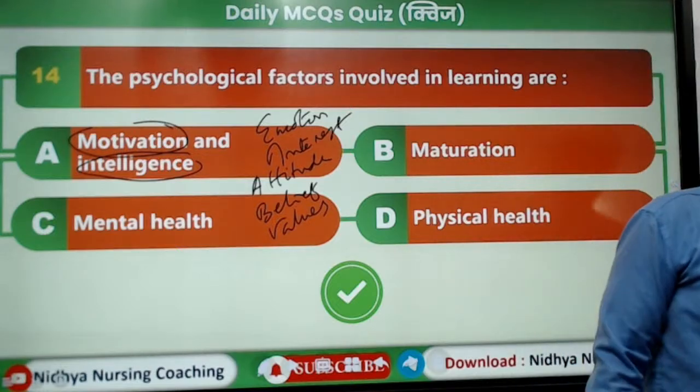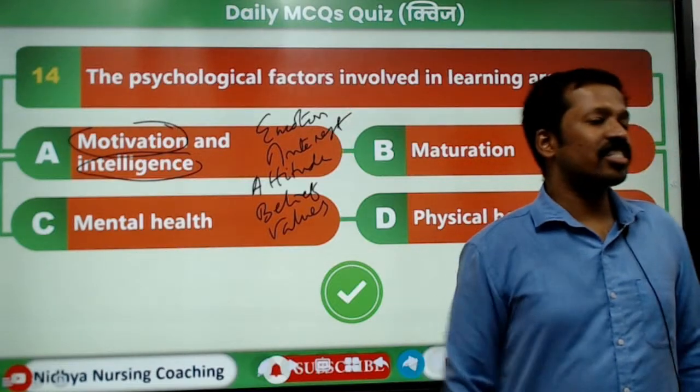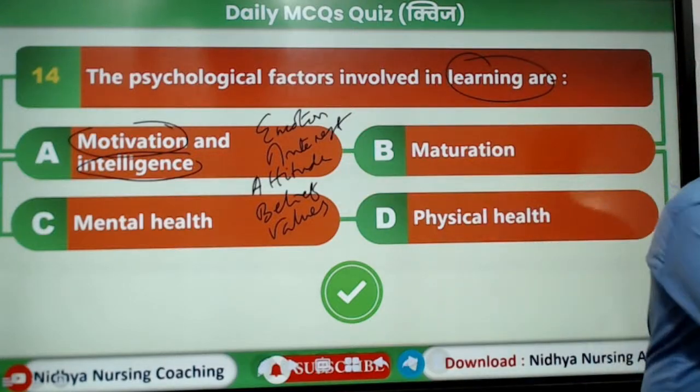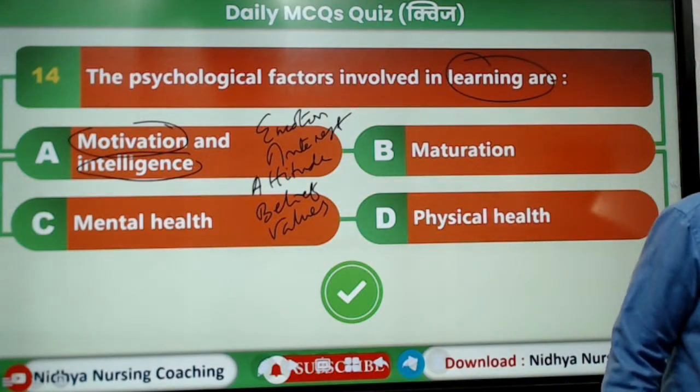These are the basic psychological factors which are helping for learning.